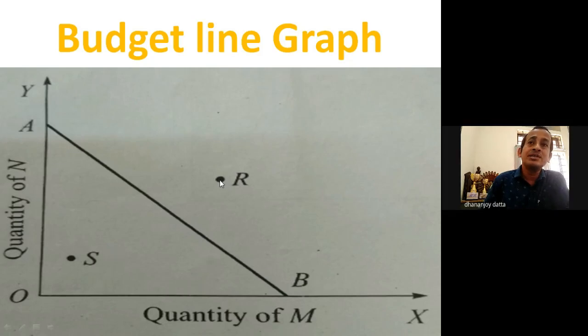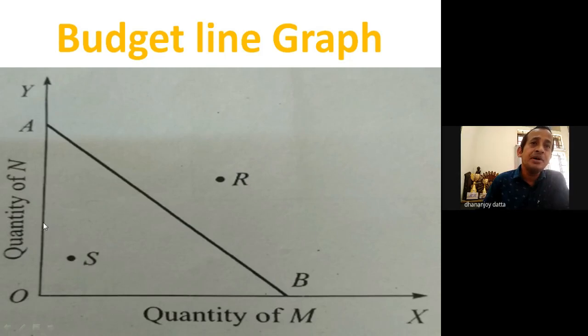So up to this, it is not a feasible area, or it is an infeasible set. If the consumer wants to purchase up to this point, it is not possible because the consumer budget will not permit it. Then here you can see S1 point is mentioned.